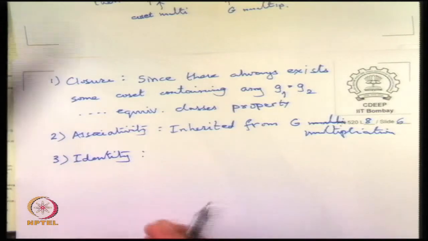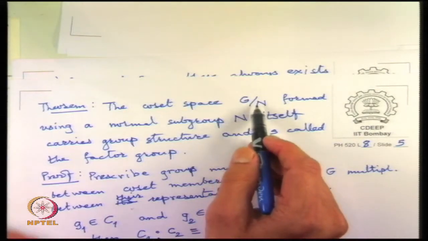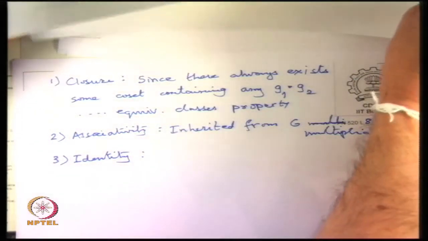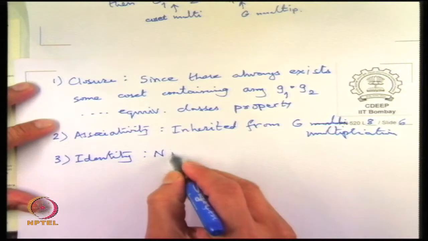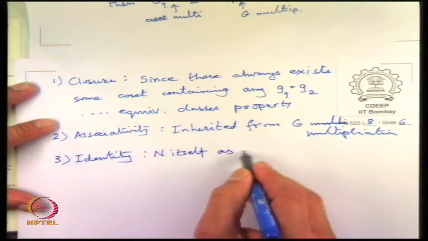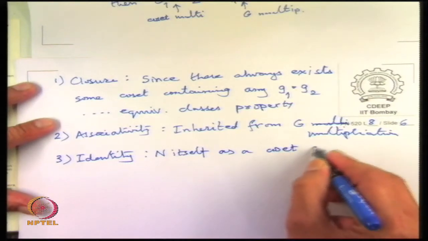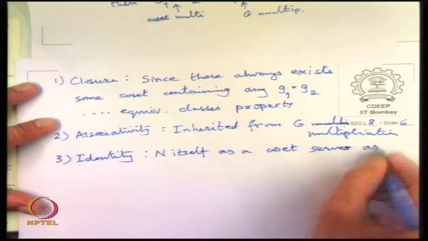The identity element of this coset space G over N will turn out to be N itself. The entire normal subgroup N is essentially the identity element, as a coset, and serves as the identity element.